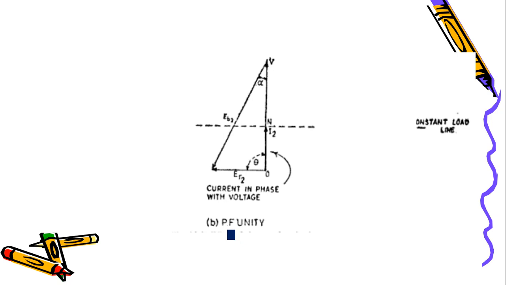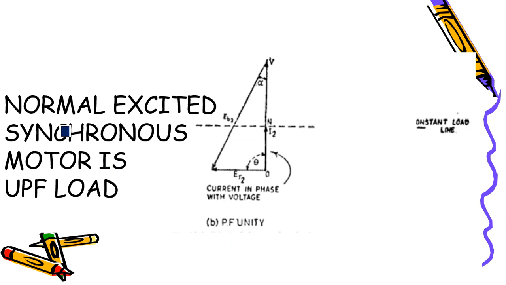So now the synchronous motor, we can say it is running at what power factor? Unity power factor. And this is known as normal excitation. It is just that it is having the rated current of the synchronous machine. Normally excited synchronous machine will be acting as what type of load? Unity power factor load.